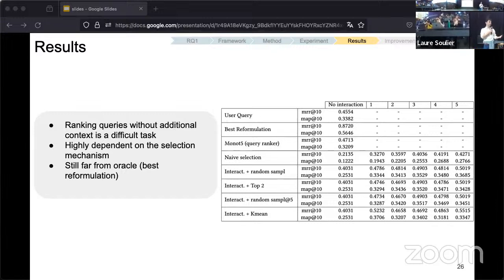We only measure the score of the ranking, so we don't consider the user. So in this table, yes, it's better because it retrieves more relevant documents, but on the other hand, we have to make a few turns to improve. The user is maybe not willing to spend 5 interactions with the system to have very few differences in the ranking.